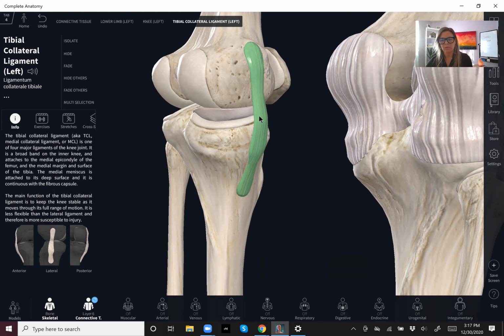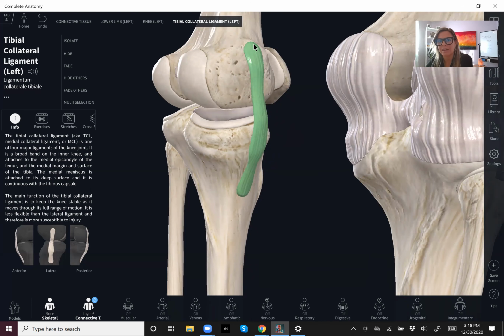And this green highlighted ligament here is what we call the tibial collateral ligament. It's also commonly referred to as the MCL. That's how I know it, medial collateral ligament. And this runs from this portion of the femur down to this portion of the tibia.